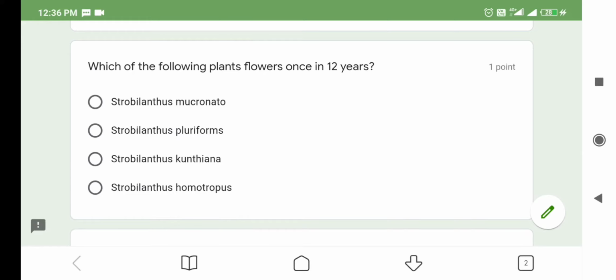During its flowering season, the hilly tracts of Kerala, Karnataka and Tamil Nadu transform into blue stretches and attract a large number of tourists. So here, among these four options, option number 3, Strobilanthes kunthiana is correct.